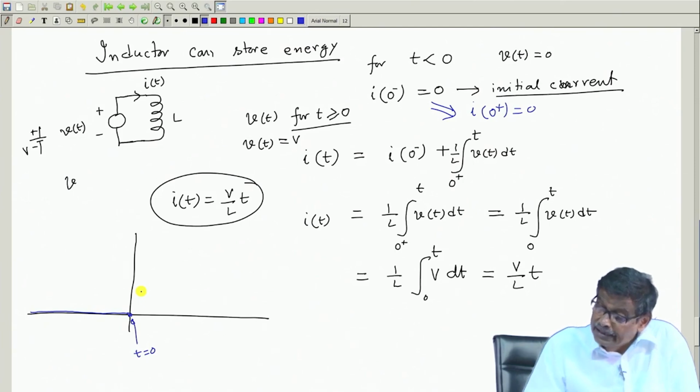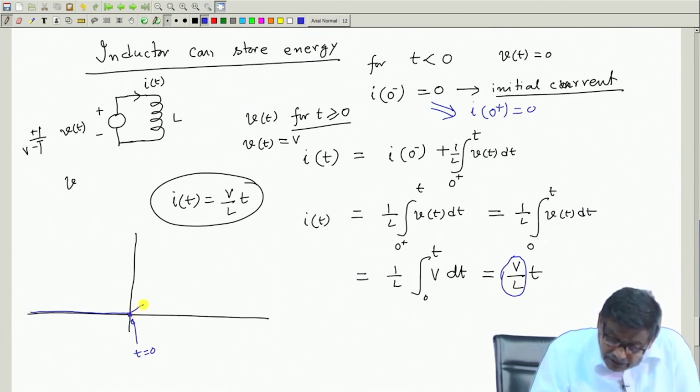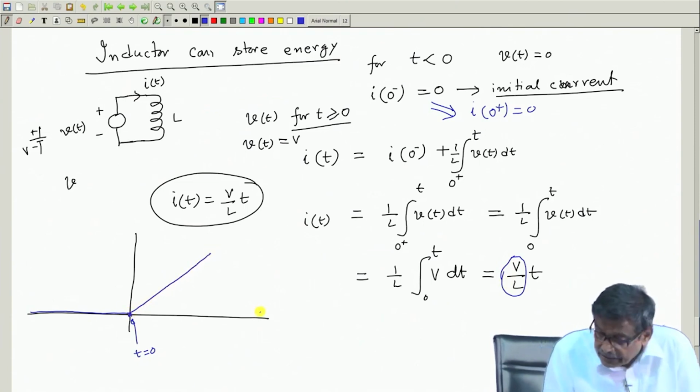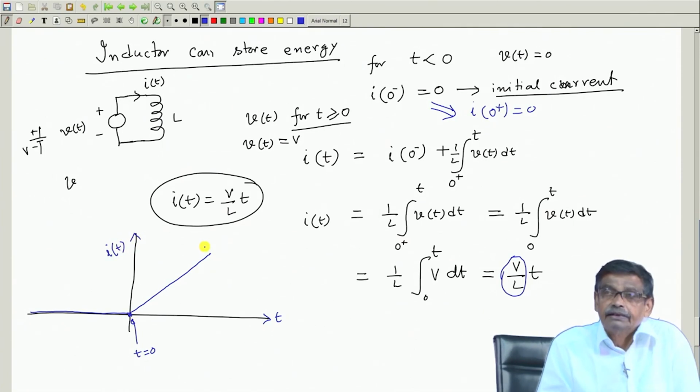Okay. And then I notice this being constant, y equal to m x. So, the current will increase linearly. This is time and this is the current through the inductor. It will go on increasing linearly.